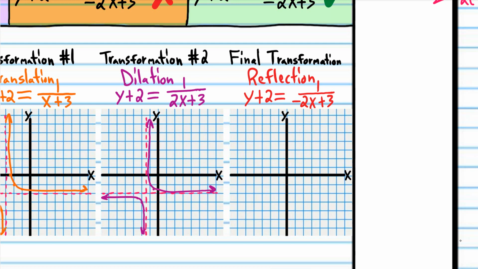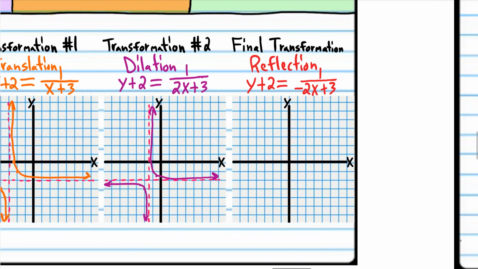So now, because we're reflecting across the y-axis, remember when you write it, negative on the x is the exact opposite of what you would think, reflecting across the y-axis. So our vertical asymptote is going to flip over to the other side of the y-axis. Our horizontal is not going to change positions.